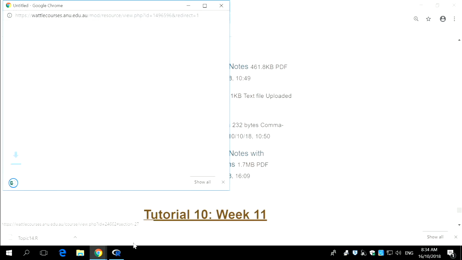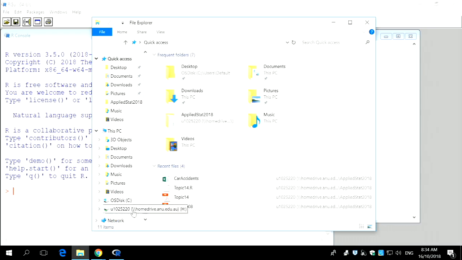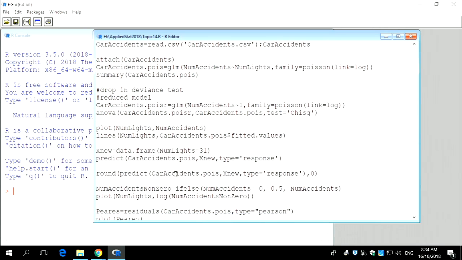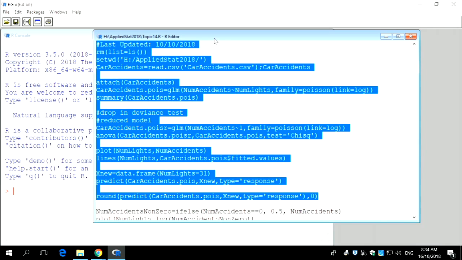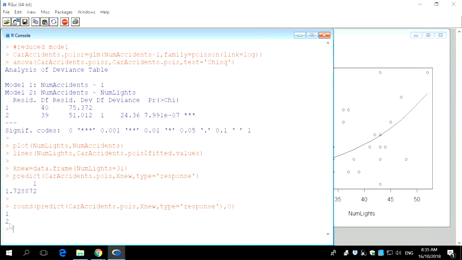The first thing you need to do is change the working directory. I think that's the working directory, right? Then read the data in and fit the regression, and then we have our prediction. So let's have a look. Yes, so this is our prediction, which is equal to 2.